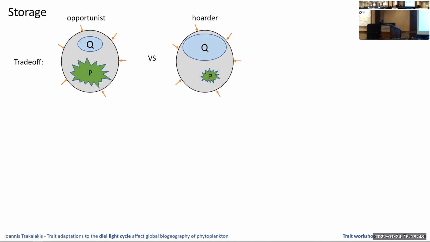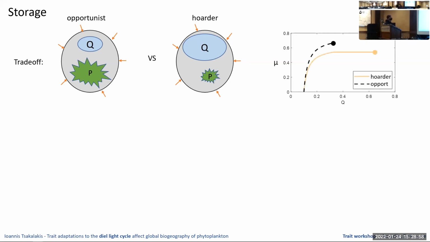So the opportunist has higher growth machinery but smaller quota, and the hoarder has higher quota capacity and smaller growth machinery. And if we plot the growth rate as a function of quota, it should look something like this. So the opportunist can grow faster, but its quota is smaller, so it stops sooner compared to a hoarder.